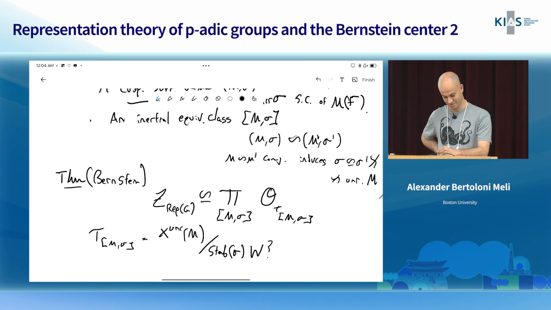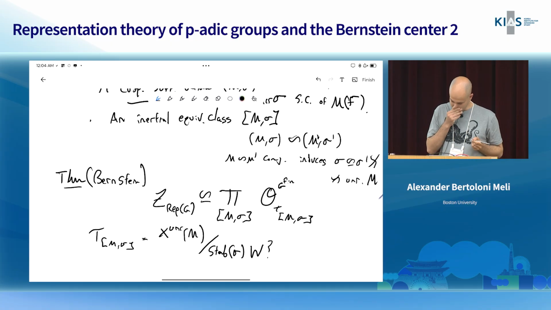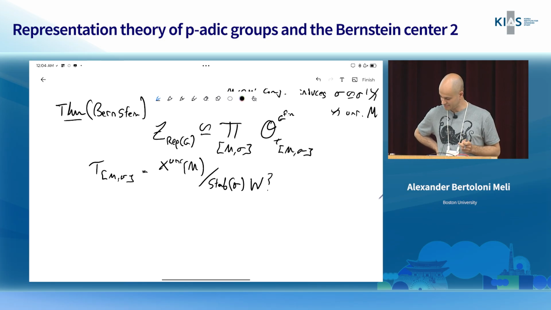On the product, there's some finite group acting and taking invariants. Maybe G, is that better? Yeah. Okay, thanks.